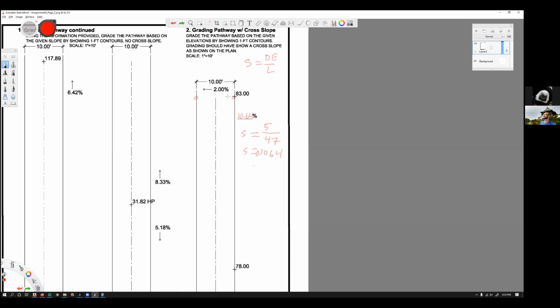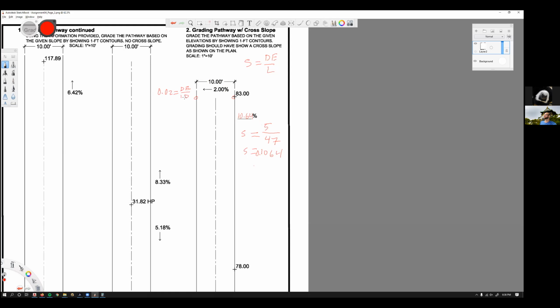So we have 0.02 as our slope. We need to know our DE, and we have our length of 10 feet.